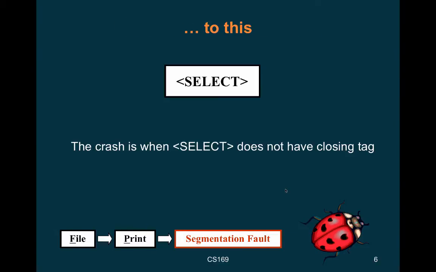And it turns out it's this. As long as you have a page with a select tag, but one without a closing pair, back then, the browser would crash. And if you look carefully, there is one of these on the previous page. And it's possible that 10 users have uploaded bug reports saying the browser crashes when I try to print. And it's all for the same cause.